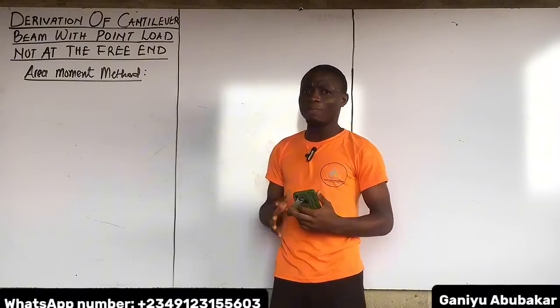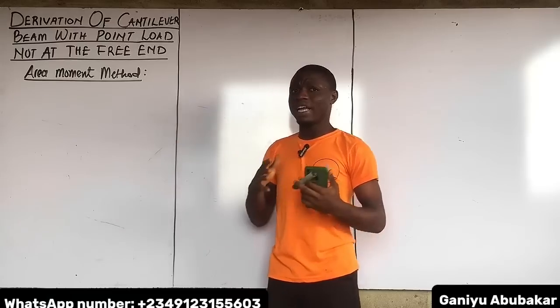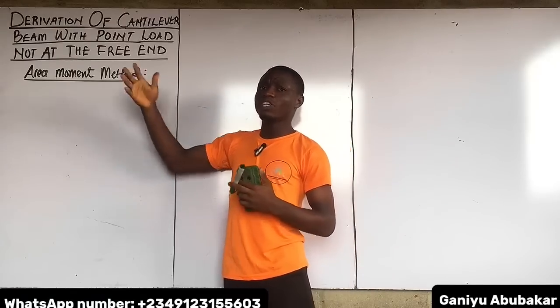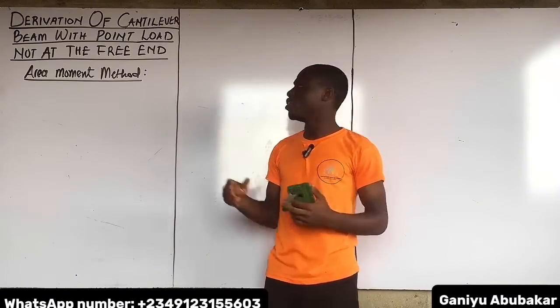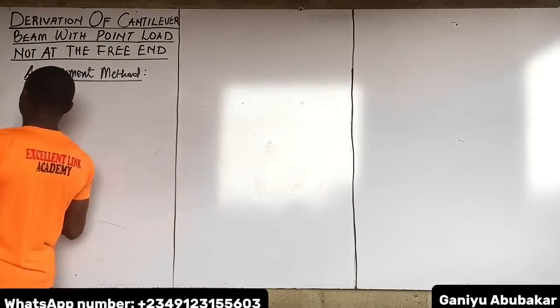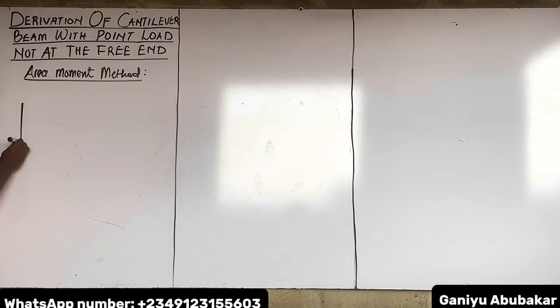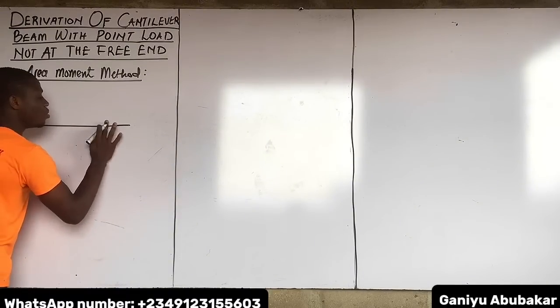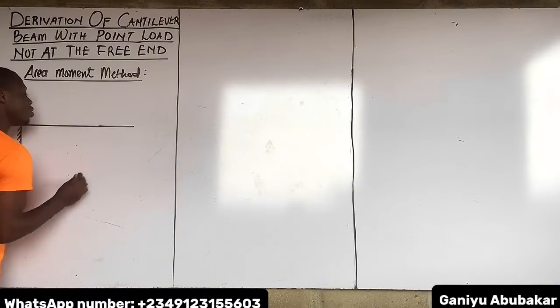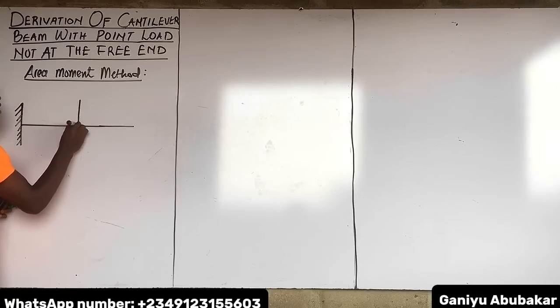My first task says to draw out a diagram to illustrate a cantilever beam with point load not at the free end. So I'll be having a cantilever beam somewhere here, something of this nature, with point load not at the free end.